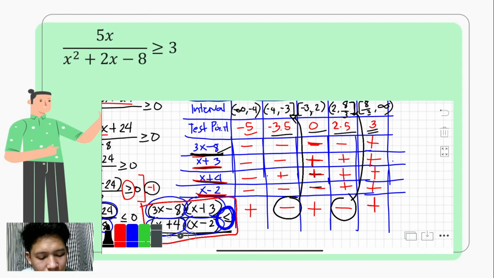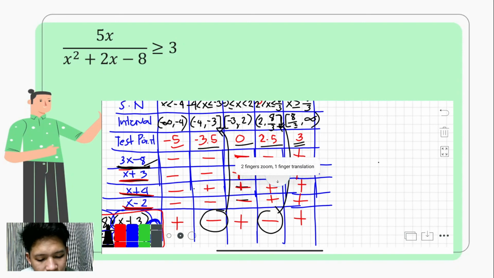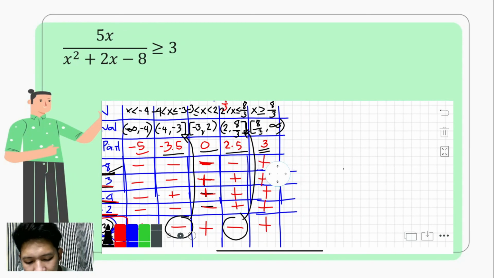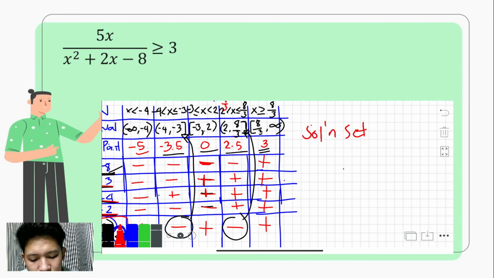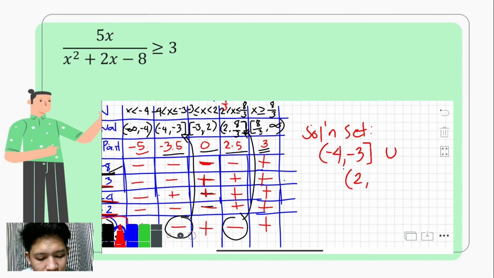So, the union of negative 4, so ang ating solution set would be the union of, that's parenthesis negative 4, comma negative 3 bracket, union, that is parenthesis 2, comma 8 over 3, then we have bracket.